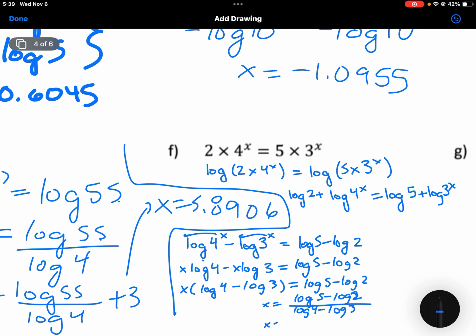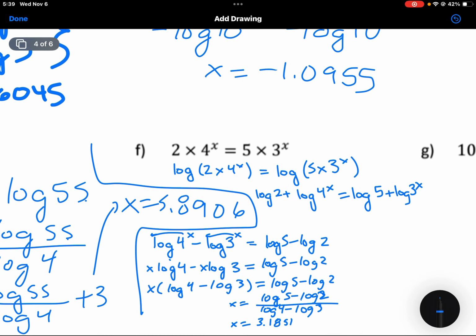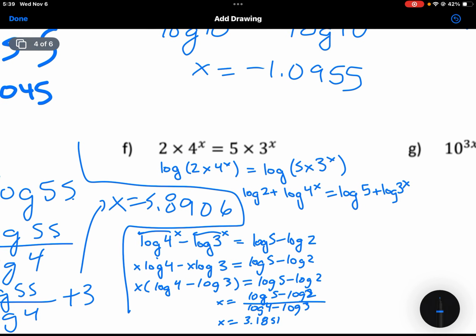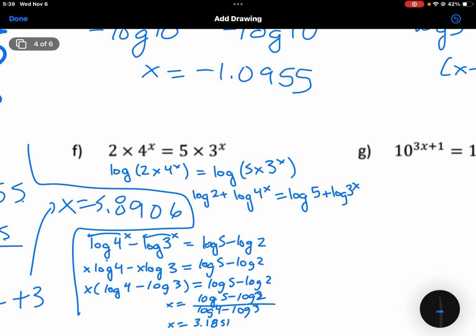Which is going to give me x equals 3.1851. I could consolidate both of those sides by dividing the argument, but I know that I'm going to use my calculator to evaluate it because they're not exact, so I have just left it as log 5 minus log 2.